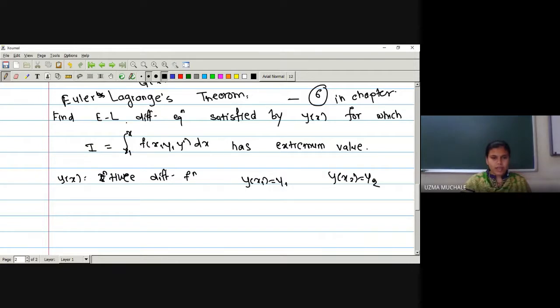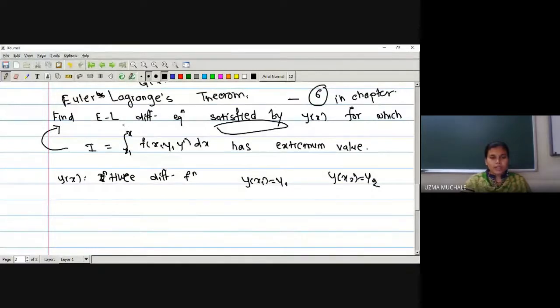So what is our aim to find out? Euler-Lagrange's equation. But to find the Euler-Lagrange's equation, what is the condition? We have to find the equation which is satisfied by y of x, for which the value of the integration should be extremum. That means this value of integration should be either minimum or maximum for that particular Euler-Lagrange's equation.